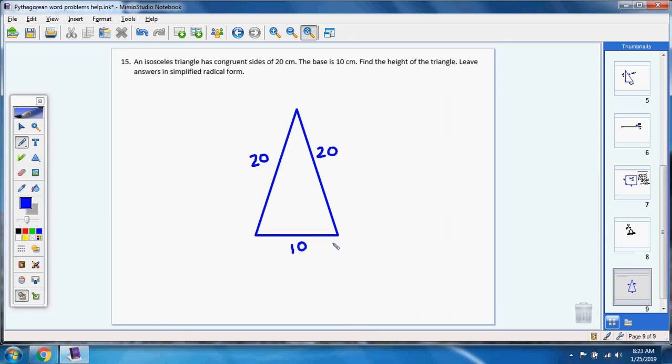It wants us to find the height of the triangle. Leave answers in simplified radical form. So what you're supposed to do then is take your pencil and draw the height, which gives you a right triangle, which would allow us to find the height of the overall triangle.